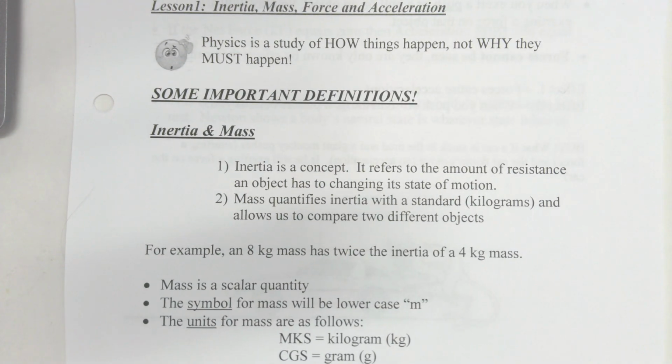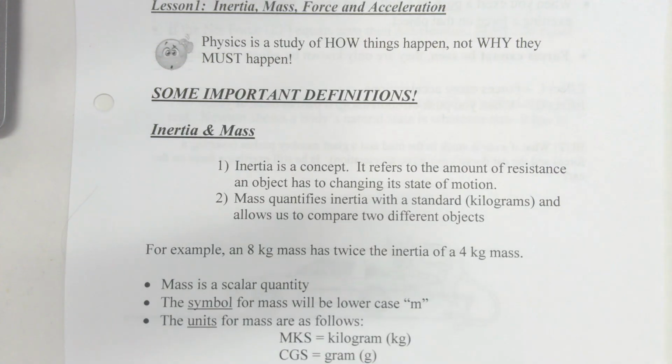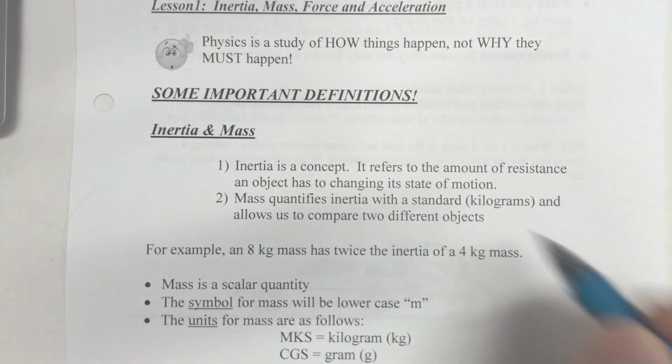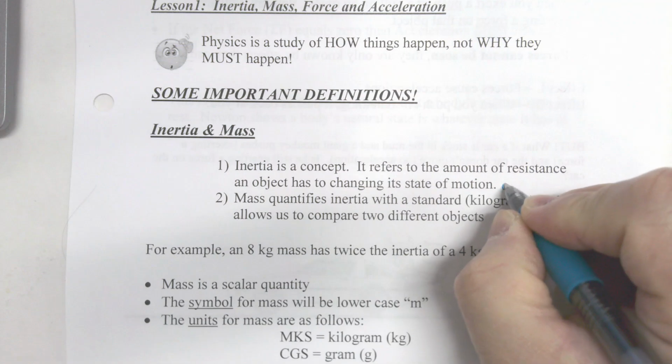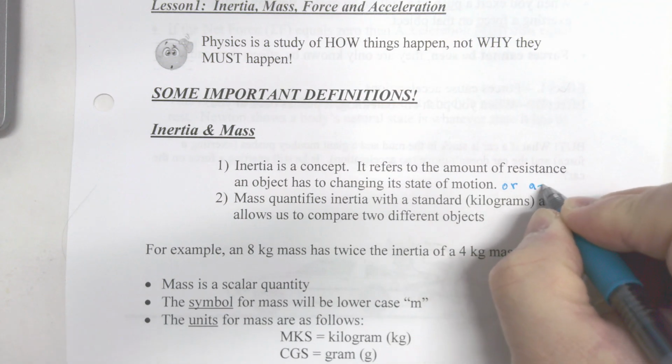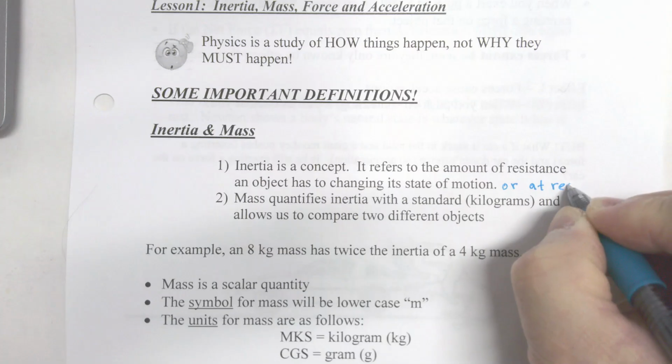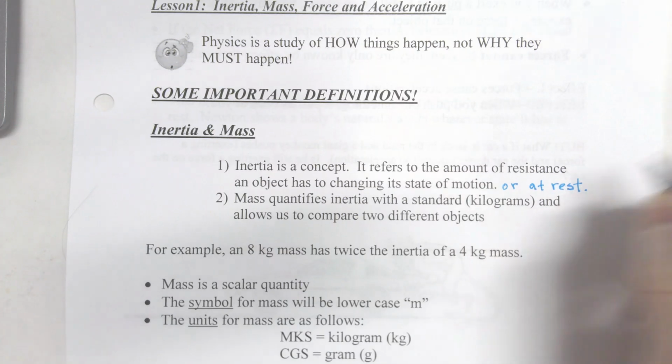Mass and inertia, okay? Inertia is a concept. It refers to the amount of resistance an object has to change its current state of motion or rest. So it doesn't always have to be in a state of motion. It could also be at rest.